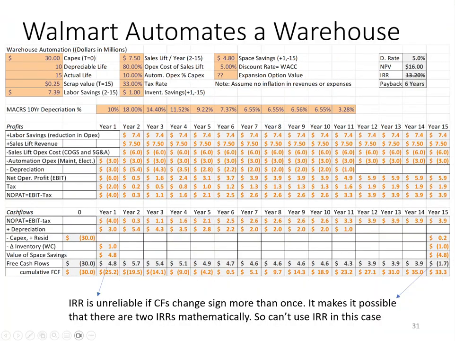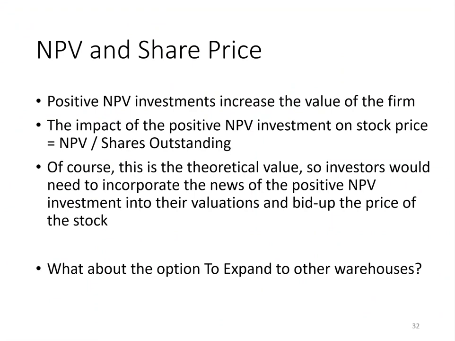So in this topic, we've looked at how to show the value of corporate investment, in this case, automating a warehouse space. One quick note, positive NPV investments should increase the value of the firm. As soon as the market learns of the new automation, the value of the stock should increase. In theory, the impact of that investment is the NPV of that project divided by the shares outstanding.